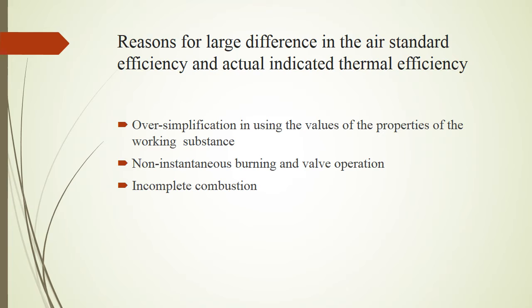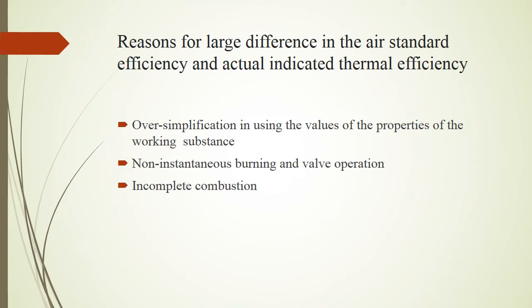Let us take an example of an actual engine which had a compression ratio of 7:1 and a thermal efficiency of the order of 30%. When for the same engine the air standard efficiency was determined, it came out to be of the order of 54%.